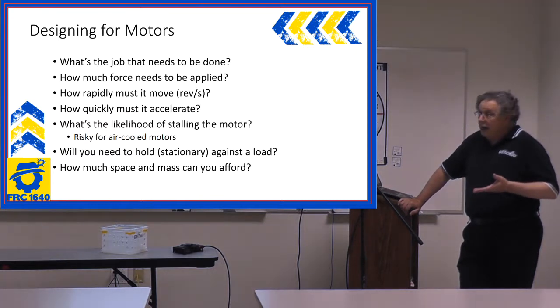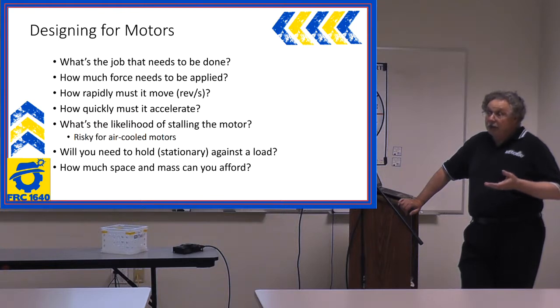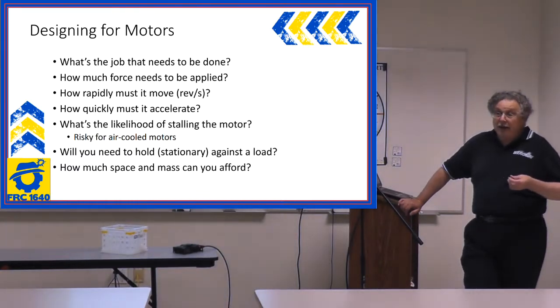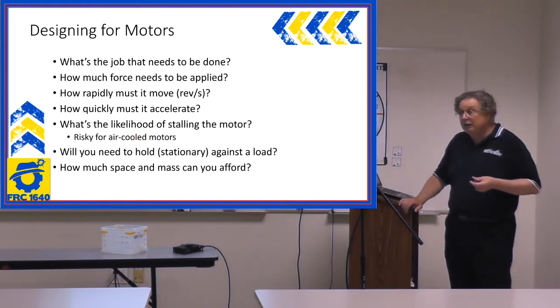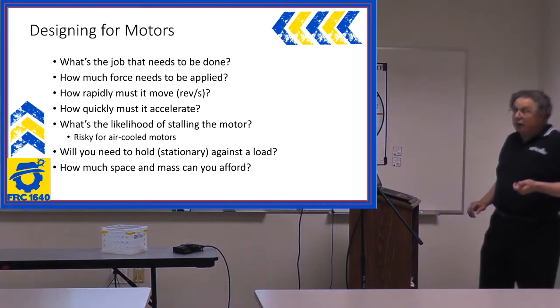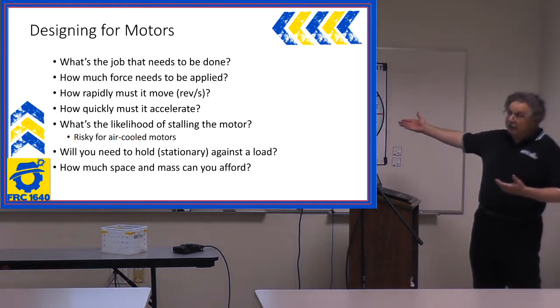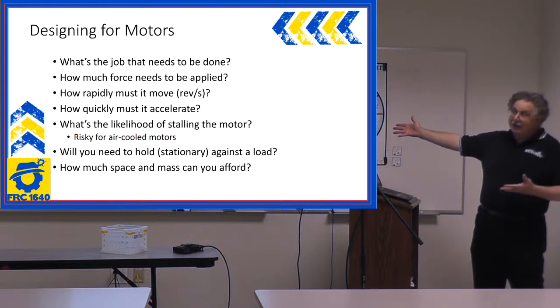How much space and how much mass can you afford? FIRST puts limits on robot weight, 120 pounds without the battery or bumpers. So everything when you design, there are compromises to be made.